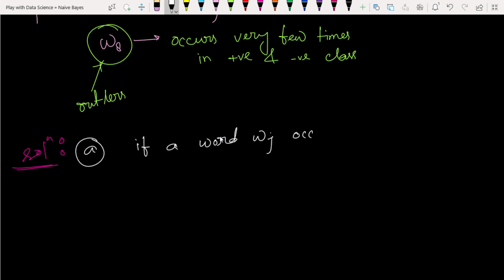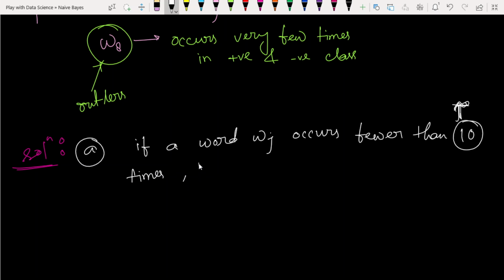Let's take this threshold as tau. Suppose if a word occurs less than 10 times, then we just ignore this word.